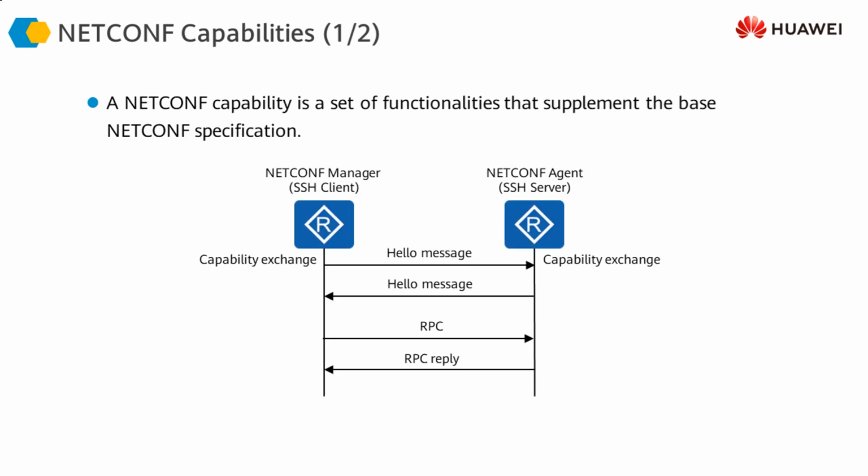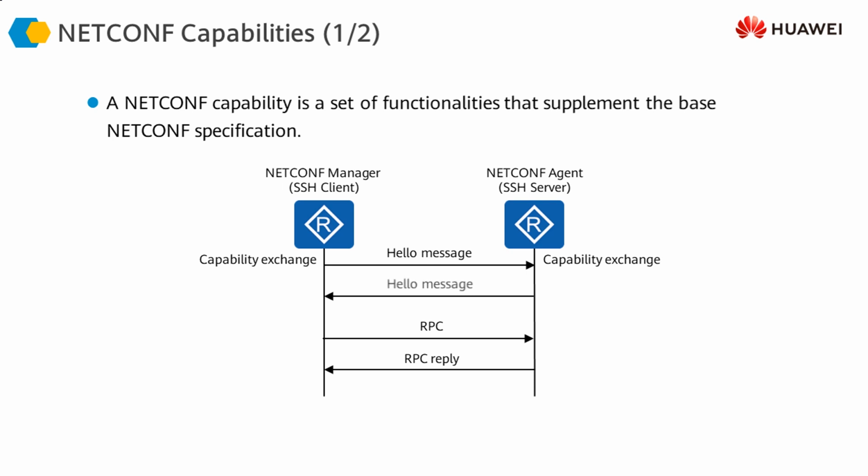This is how the capabilities exchange, or the initial message exchange, takes place between the NMS and the agent, or the remote device, or the managed element, the network element, you can say. The hello messages are exchanged, and during the hello message exchange, the capability exchange also takes place.